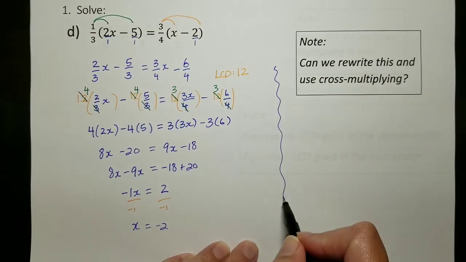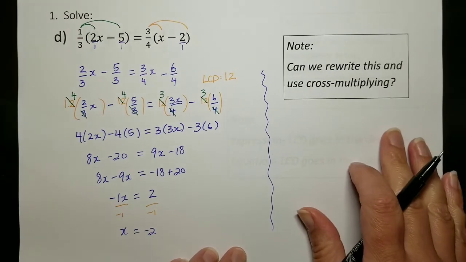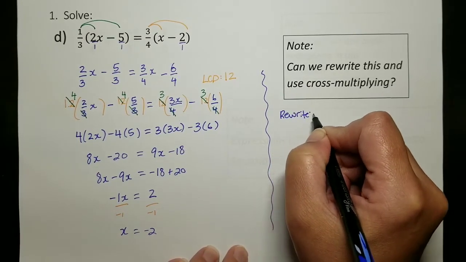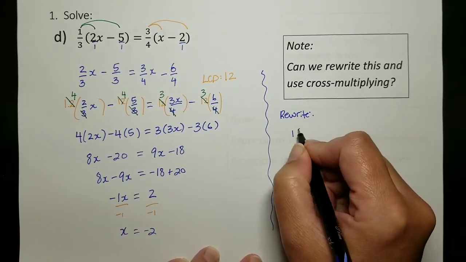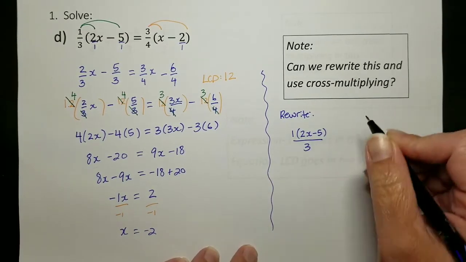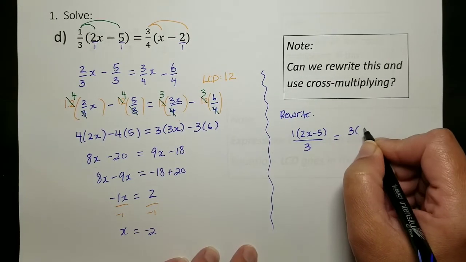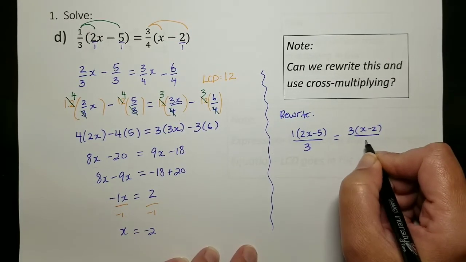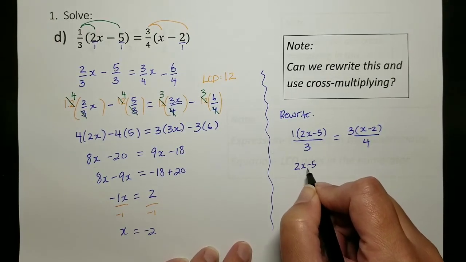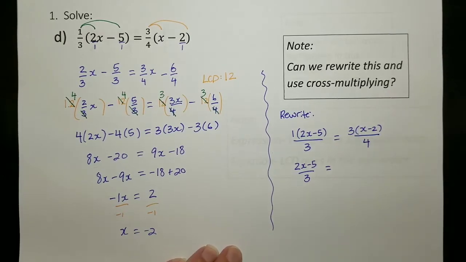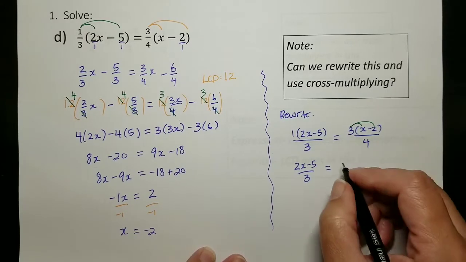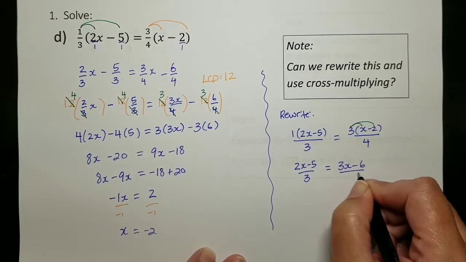Now the question here says, can you rewrite this and use cross multiplication? And you can, for sure. If we wanted to rewrite the original as 1 times 2x minus 5 over 3 equals 3 times x minus 2 over 4, and then 2x minus 5 over 3 equals, and this one would have to distribute in there, so we get 3x minus 6 over 4.